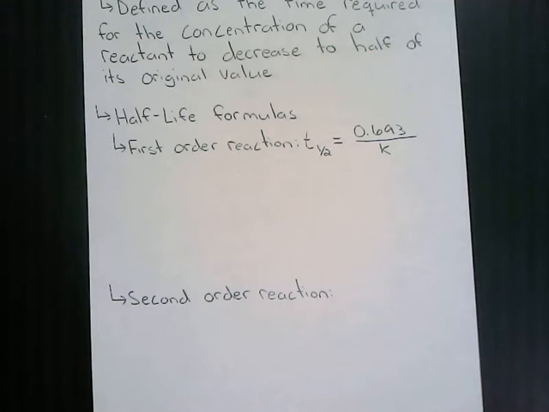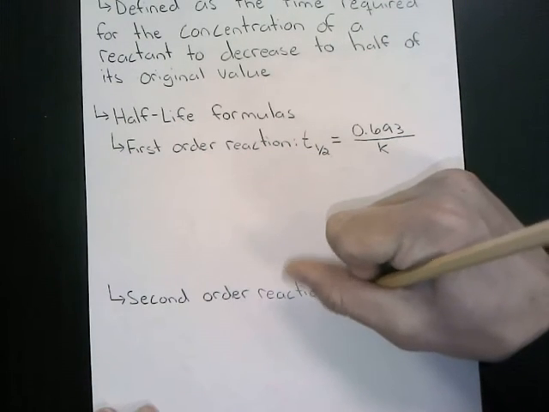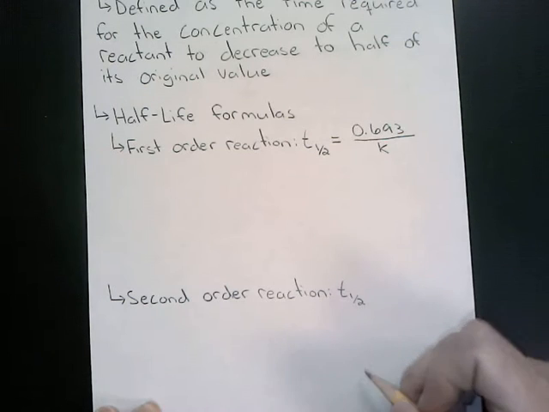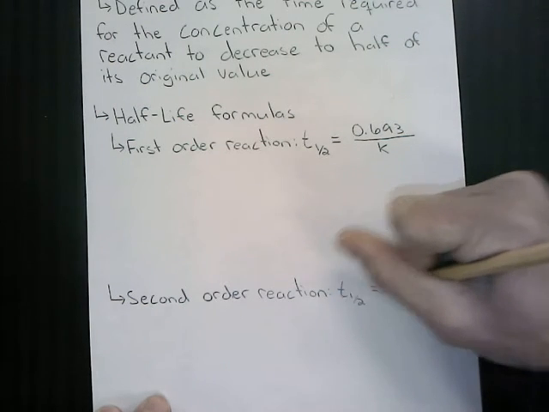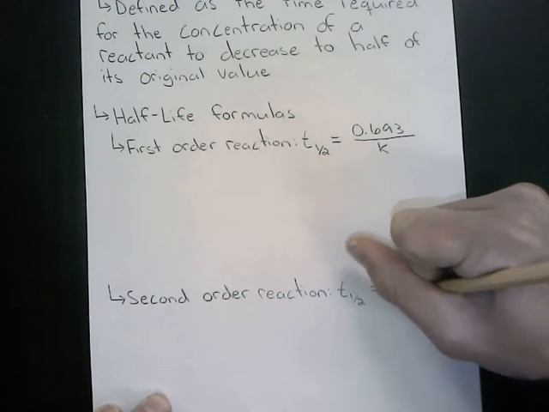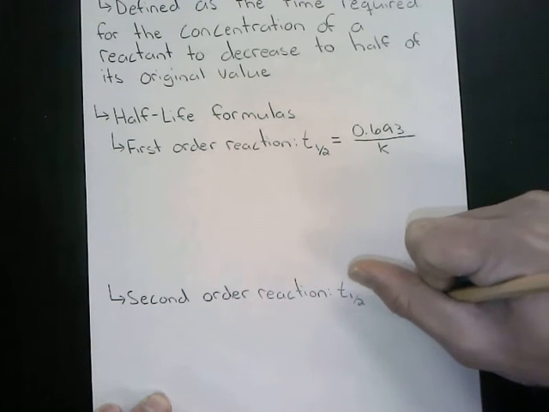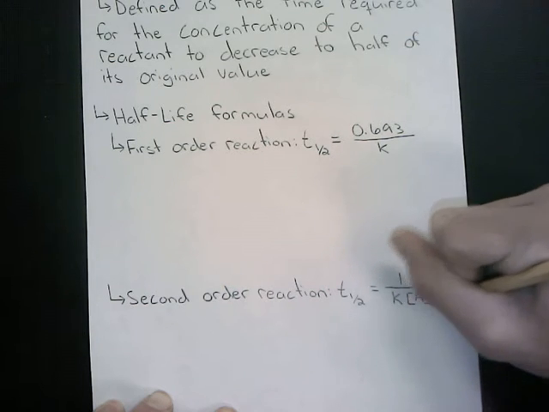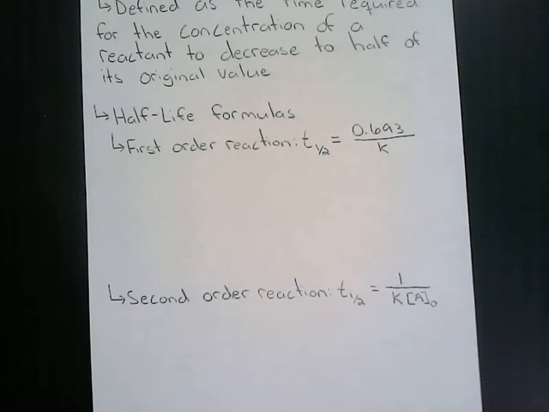And for a second order reaction, the half-life, so T sub half, the time it takes for a half-life to occur, is going to be 1 over K, the rate law constant, times the concentration of the original amount, or A sub naught.